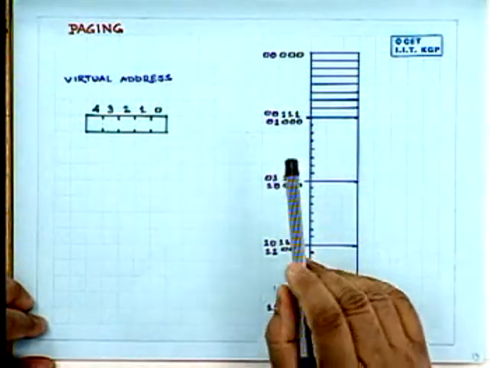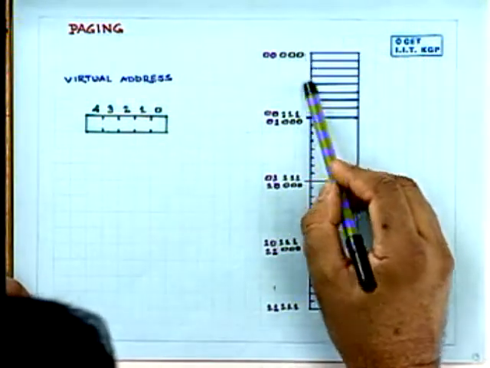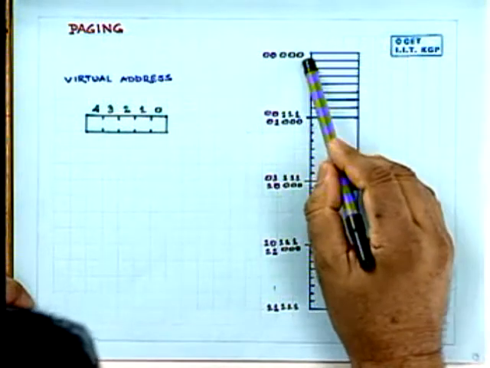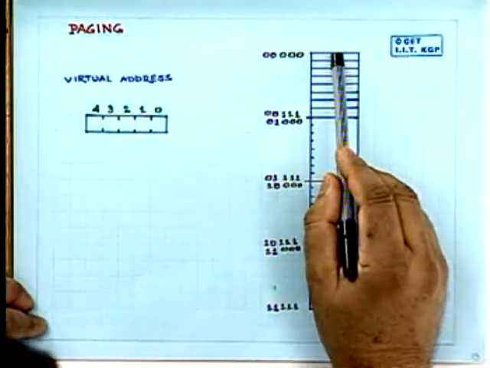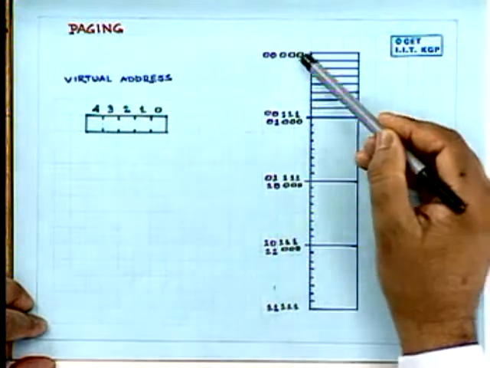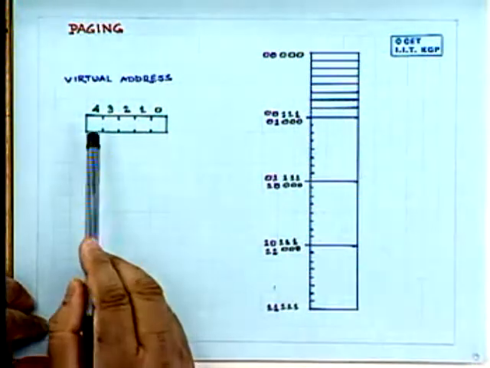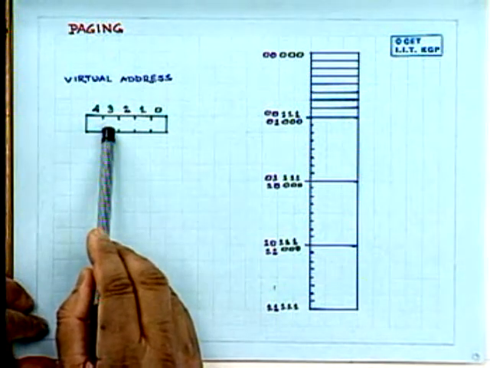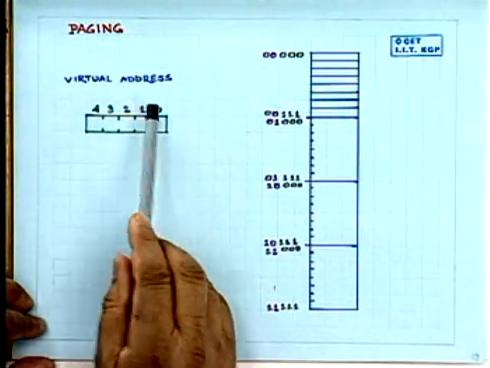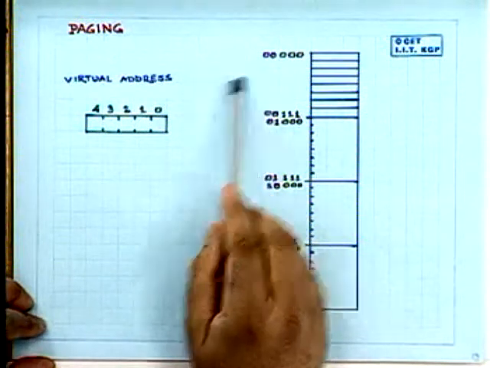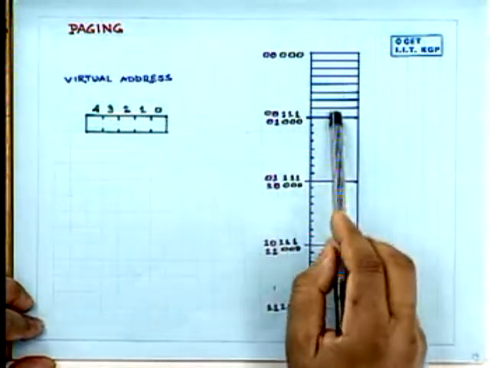Now, just look at these first 8 bytes here. If you look at the first 8 bytes and the addresses of the corresponding bytes, you will see that the two most significant bits, the third and fourth bit of the virtual address, which has been shown in the pink here, are 00 for all of them.